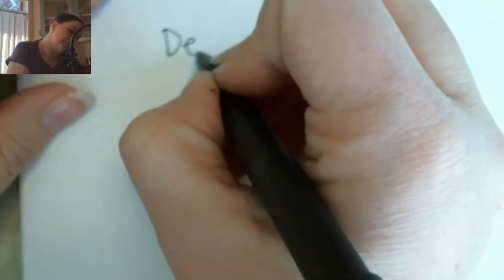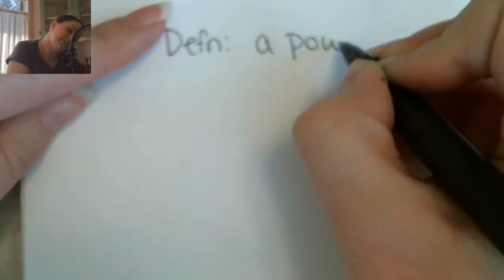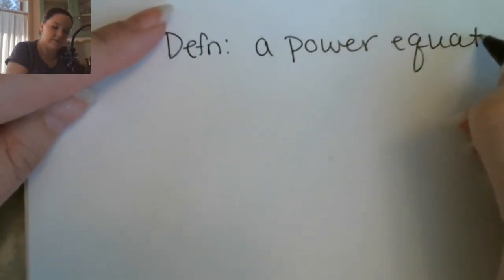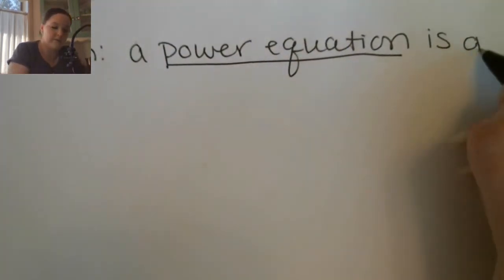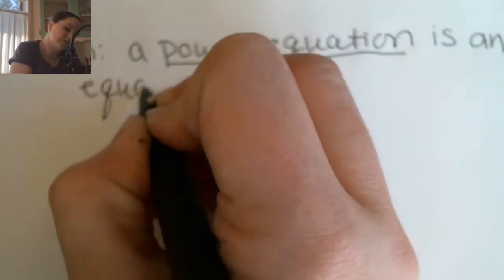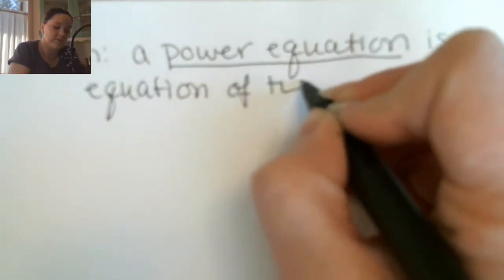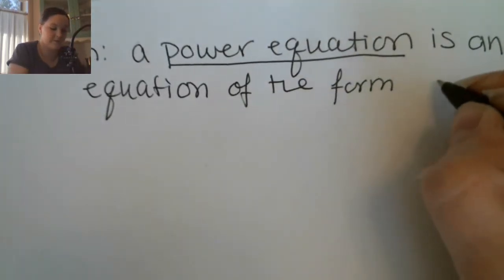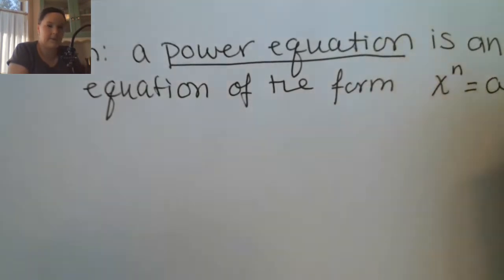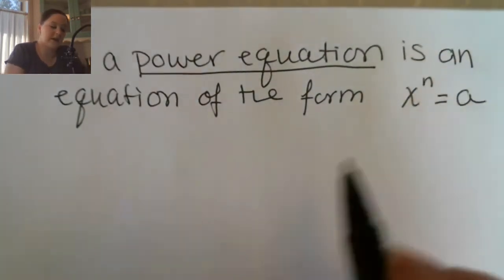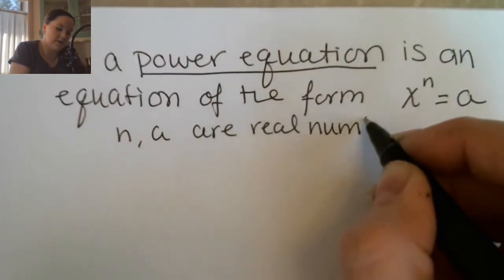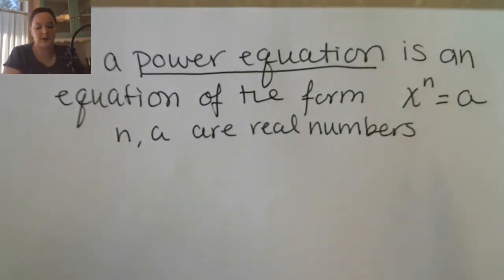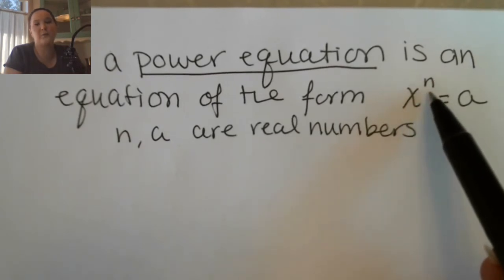So first, let me remind you what makes something a power equation. What makes something a power equation is, so n and a are real numbers, that you have the variable here and then you have a numerical exponent.